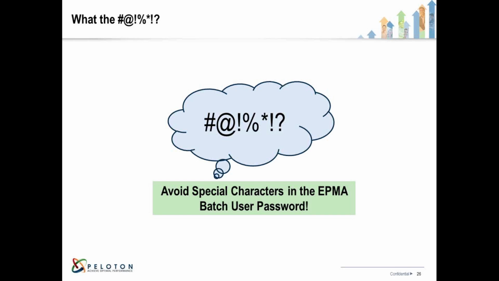So just to avoid all those headaches, you should create a separate EPMA-Batch user as a native user so that you can create a simple password that doesn't have special characters in it and you don't run into any of these issues.